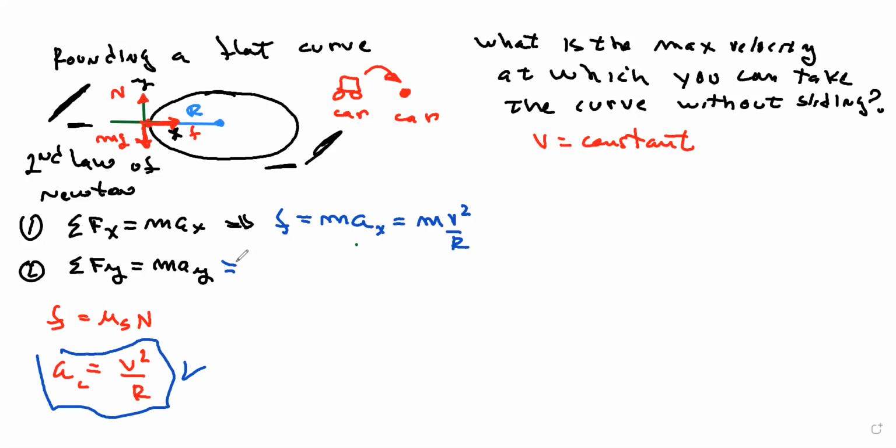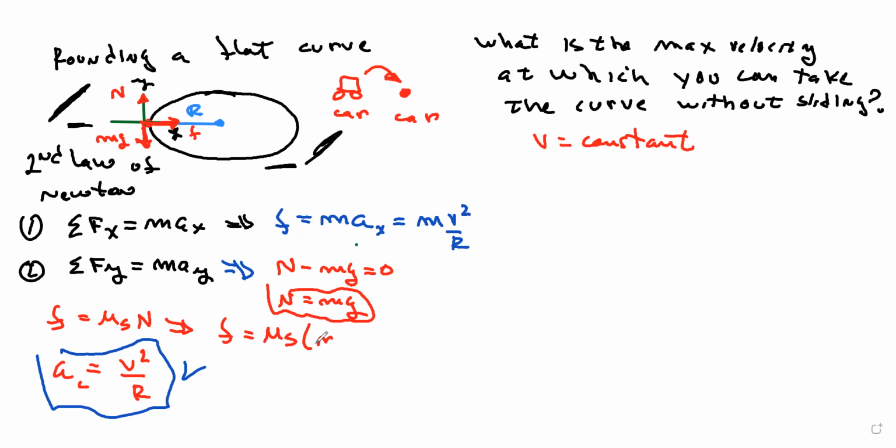And let's go to the second equation here, and we can say that the forces in the y direction are going to be N minus mg, and that's going to be equal to 0 because there's no acceleration in the y direction. So N is going to be equal to mg, and we can plug it right here. So the friction is going to be mu s times N, but N is mg, so the friction is going to be mu s times mg.